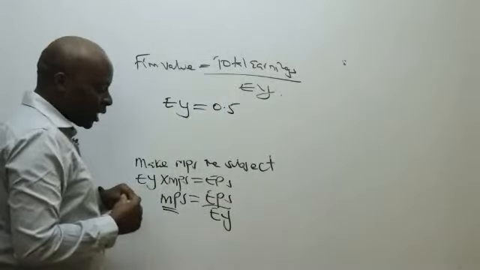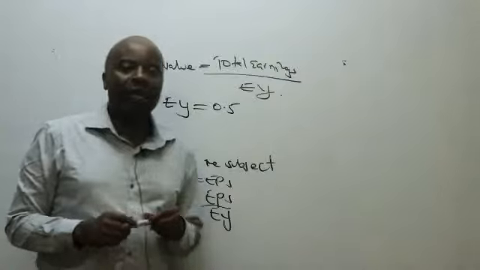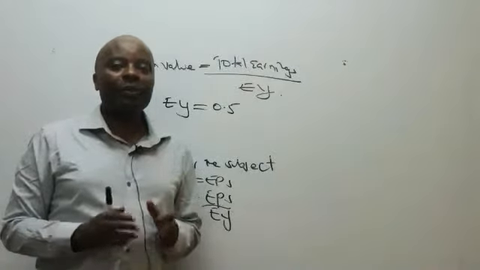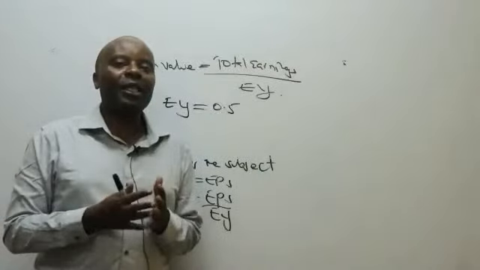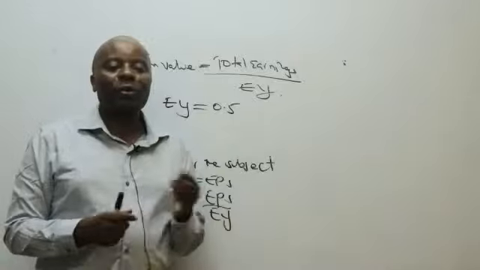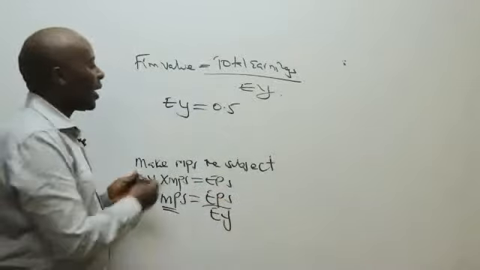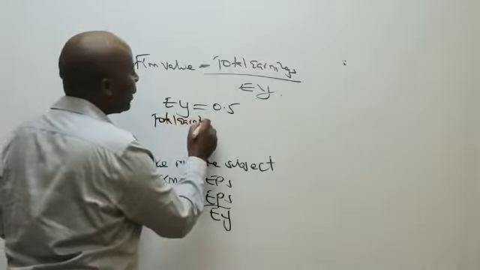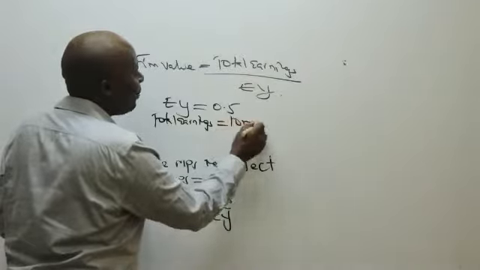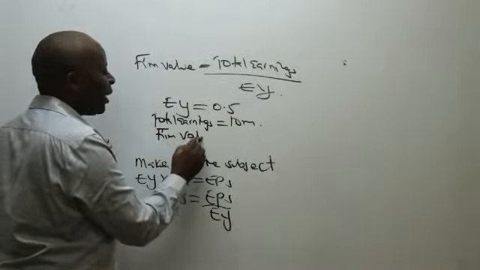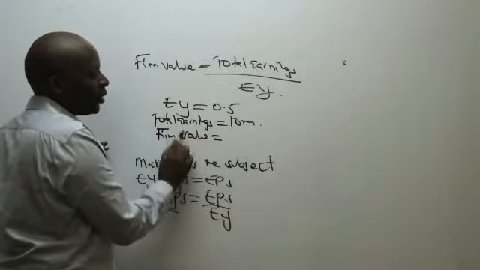And then what I'll do is ask for their income statement. Once I get access to the income statement, I look at the profitability. Specifically, I will look at the profit after tax. So the profit after tax is what I'll pick as my total earnings, assuming that the total earnings here are 10 million as well. Then I'll be able to get what we call firm value using the earnings yield.